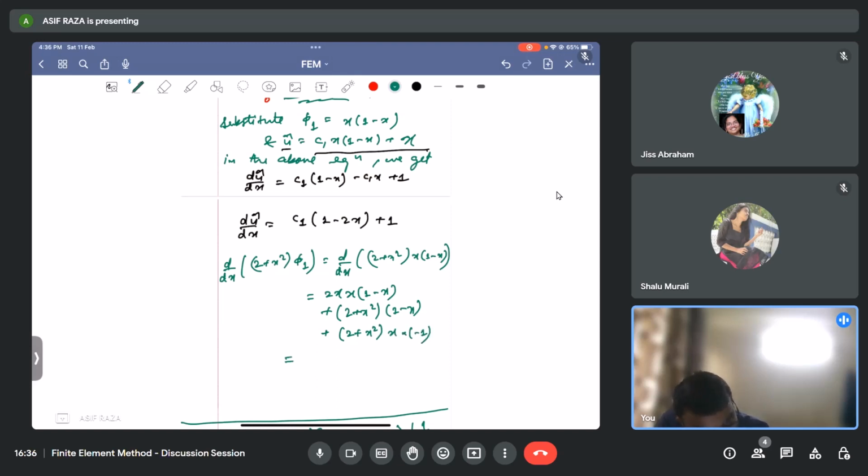This will be equal to 2x square(1 minus x) plus (2 plus x square)(1 minus 2x).